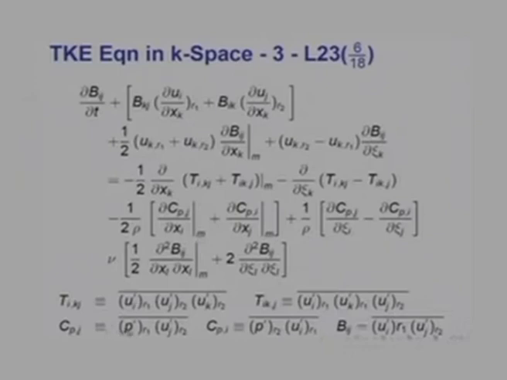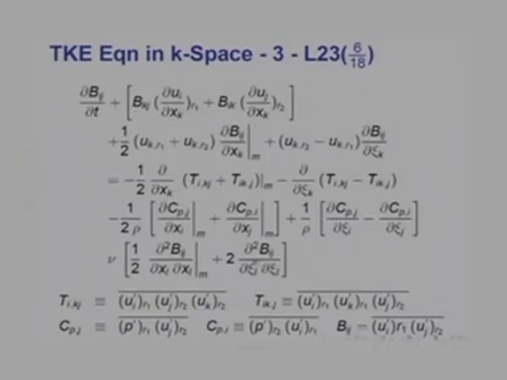Cpj is the product of pressure fluctuation at R1 multiplied by u dash j at R2, and Cpi likewise is the pressure fluctuation at R2 multiplied by u dash i at R1. Bij, of course, is u dash i at R1 into u dash j at R2, the tensor Bij, plus nu times 1 by 2 Bij dx. These are the diffusion terms.